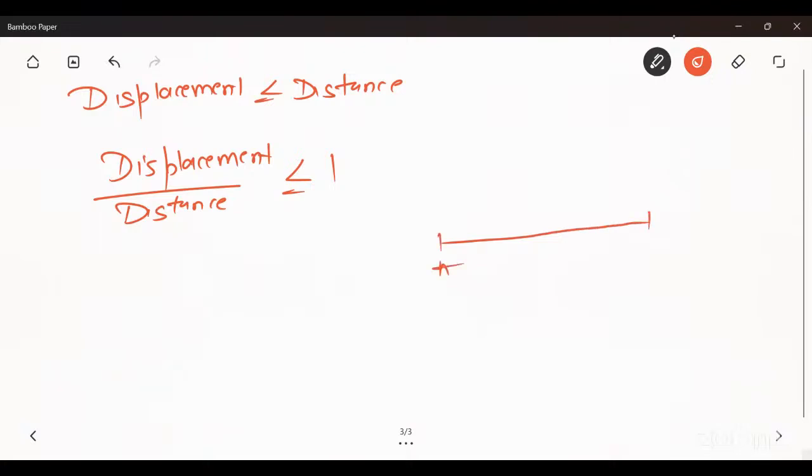In a straight line, both the distance and displacement are equal.